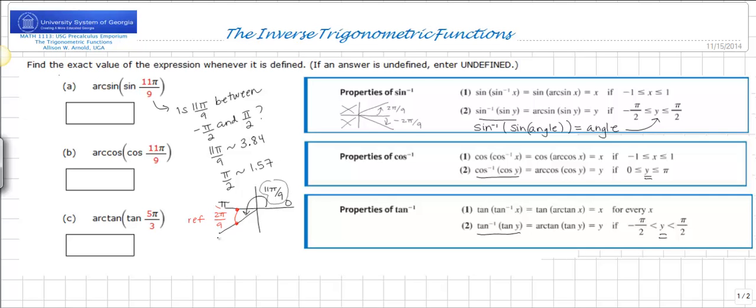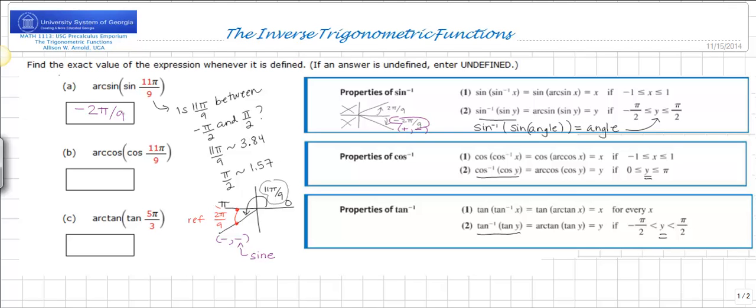We know that sine is negative in quadrant 3, so we have to pick the quadrant over here where sine is also negative. So our answer would have to be negative 2 pi over 9.